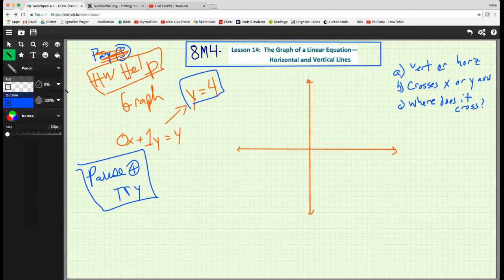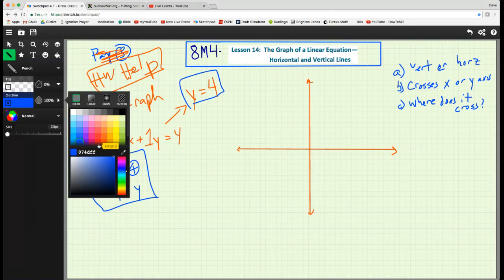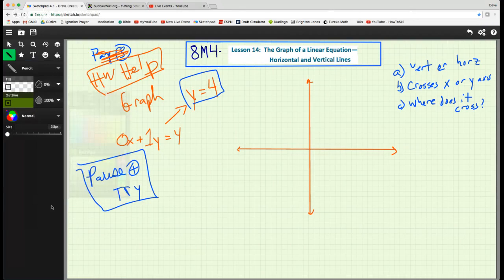And then we'll go ahead and solve it in darker green. Okay, so the first question is, I don't like to answer A first. I like to go to B first. The reason I like to go to B is I say, well, this is y equals 4.